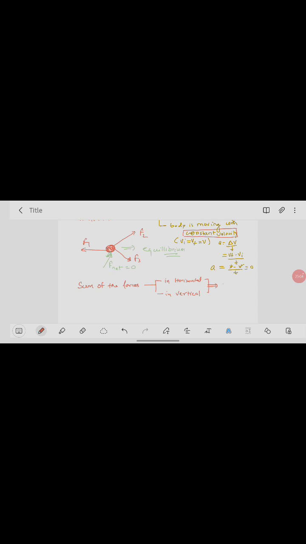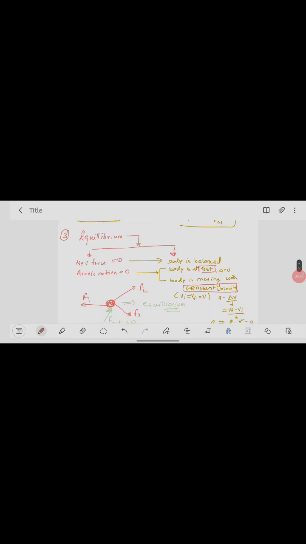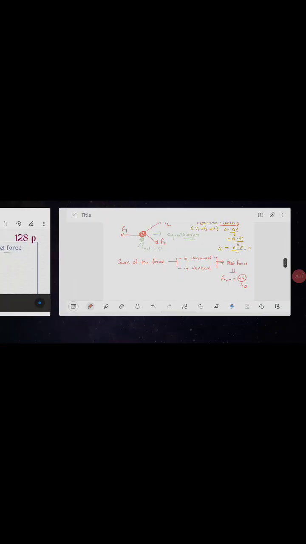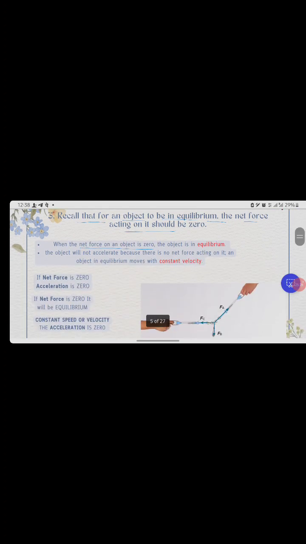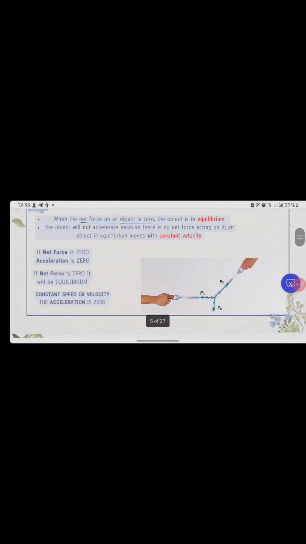So it must be equal to what? Net force. Net force is always equal to ma. If the body is balanced, we can say that it is 0. Correct? So this is how you have to explain this answer on equilibrium. You can see here they have explained it in the same way, with constant velocity and all, and they gave you an example like this.